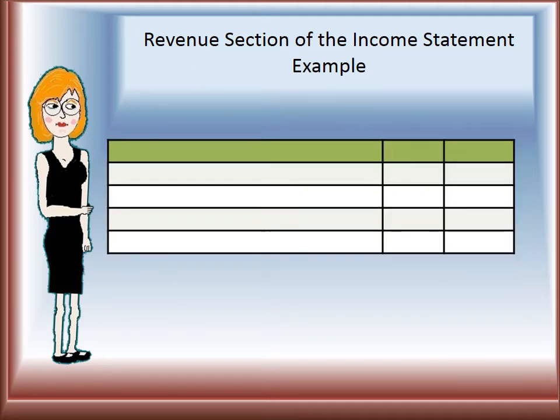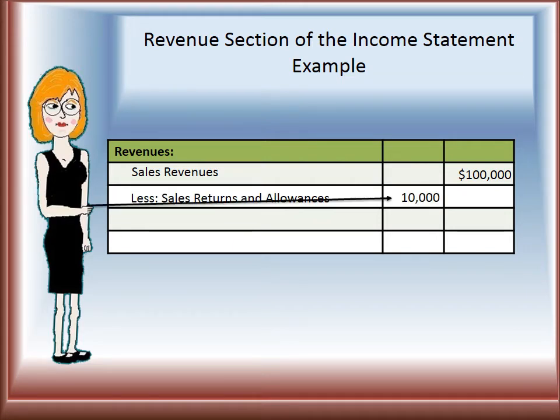Let's look at an example. We have the section header, revenues. We have sales revenue with the amount placed in the right-hand column. We have less sales returns and allowances. We place that one column over to the left. Then we have sales discount, which is placed directly under it.